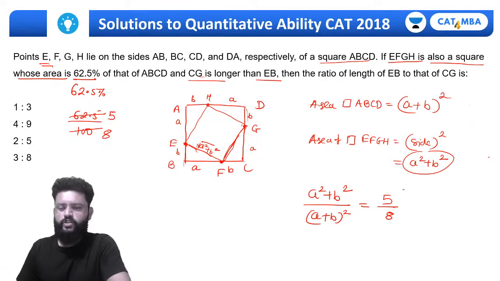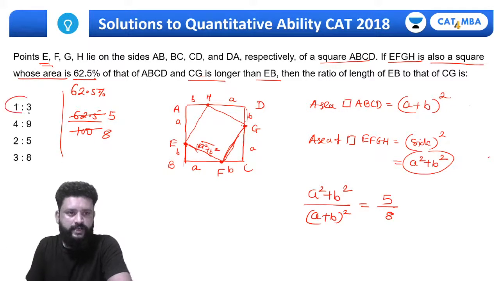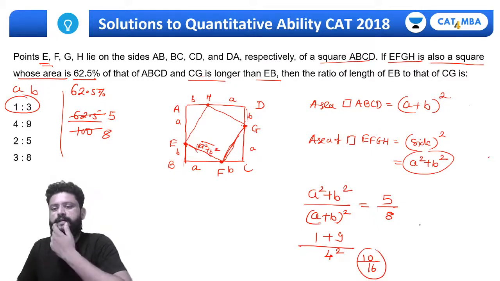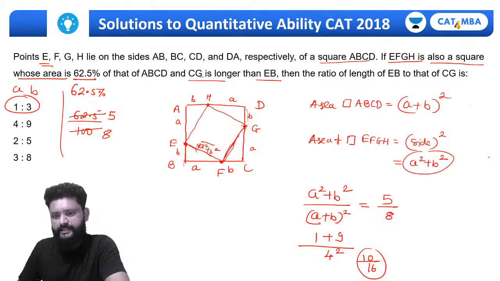Now one way you can solve this, right? The other option is to pick from the answer options. Let's try, if it satisfies, we'll get the answer directly. Looking at the first answer option, 1 and 3, this is a, this is b. 1 square is 1, 3 square is 9, and 1 plus 3 is 4 square, so I'm getting 10 by 16, and 10 by 16 is nothing but 5 by 8.